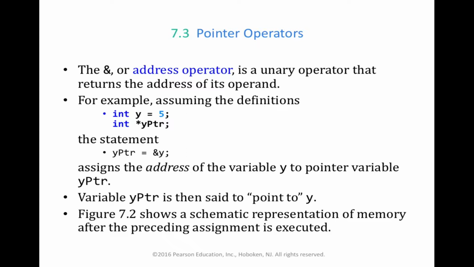If I have the statement yPtr equals ampersand y, that's going to assign the memory address of the variable y to my pointer yPtr. yPtr is then said to point to y. And we're going to see here in just a couple of minutes a schematic representation of memory after that executes.